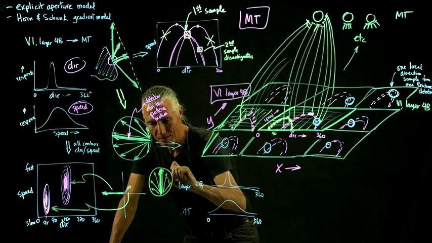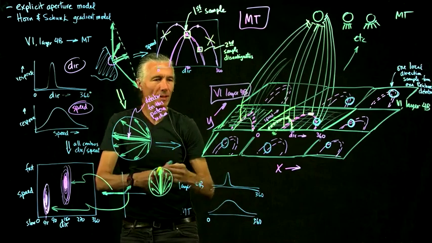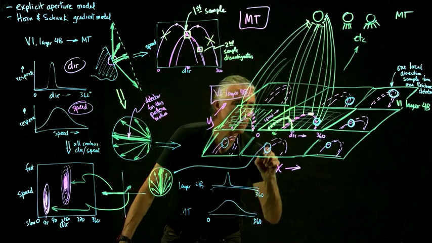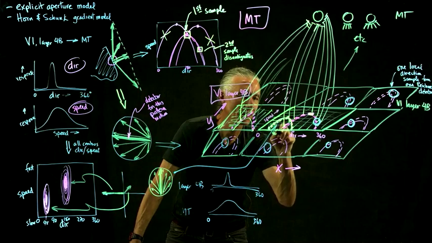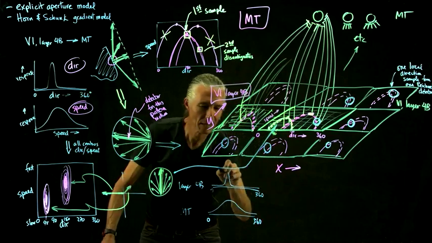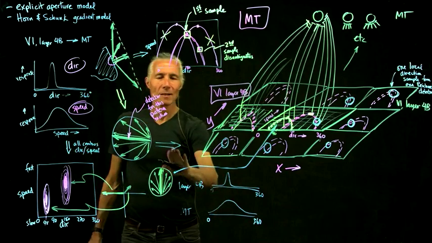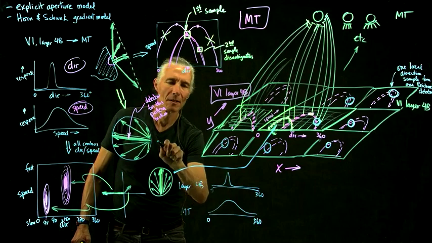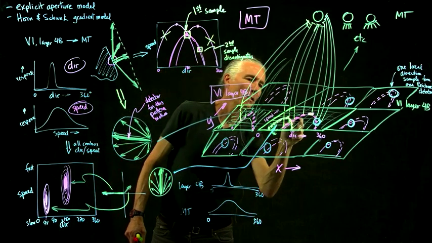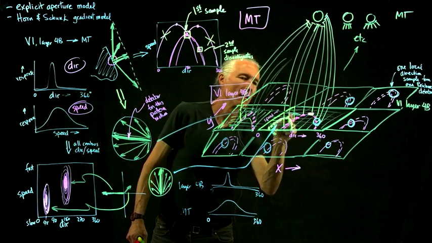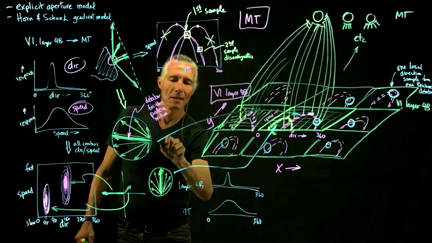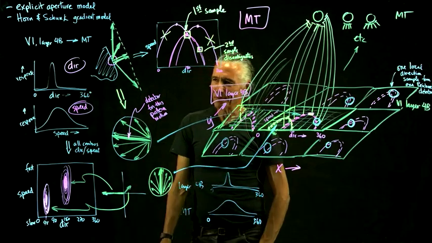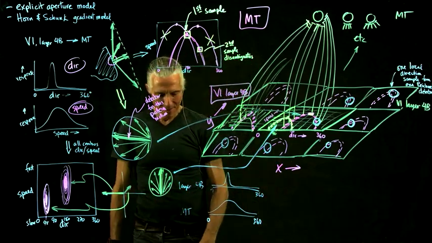And so that corresponds to this guy. So that guy, that corresponds to this guy, whereas this guy corresponds to that guy. So that's the actual full metal jacket picture of what's going on.